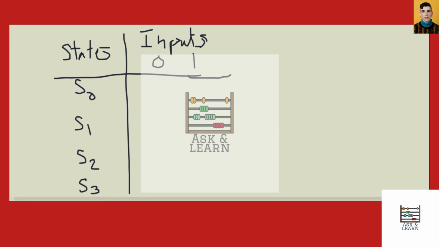And if there's an arrow in the diagram from Si to Sj with a label of x, then I'll write down Sj in the row Si and in the column x of the table. So for example, we see there's an arrow from state S0 to S1 with a label of 0. So in the table, I'll write S1 in the row S0 under the column 0. Likewise, I'll complete the rest of the table.